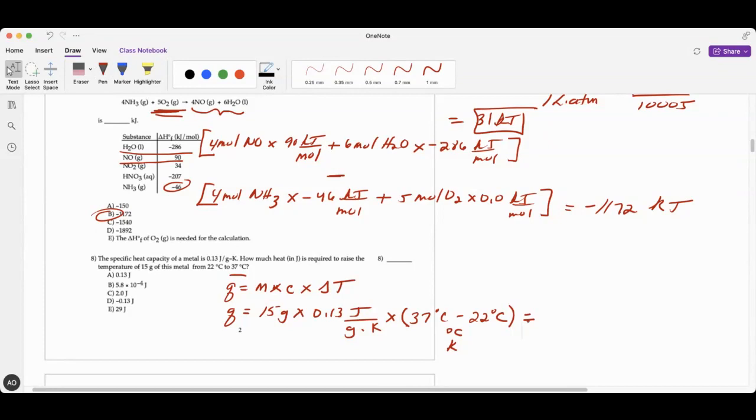So we have 15, whoops, my calculator is upside down, 15 times 0.13 times 37 minus 22, and I get 29 joules. So the answer would be E for number 8.